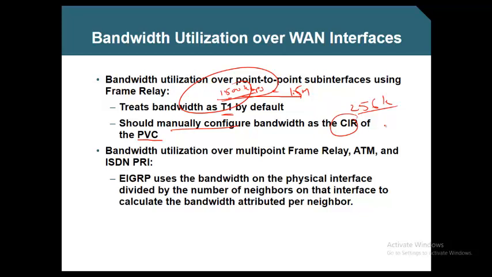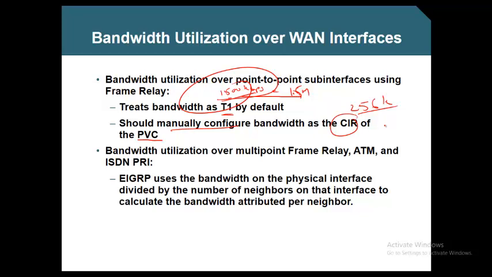Okay, so see this point here. Only one vendor supports EIGRP, which is Cisco. EIGRP is not supported by many vendors.